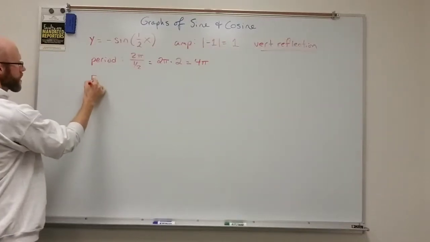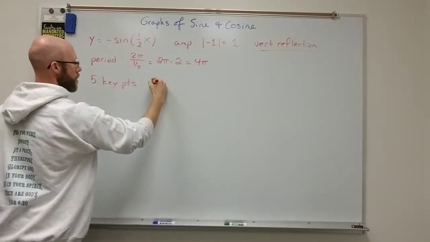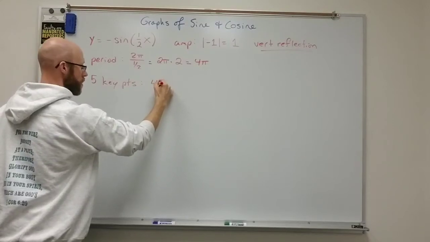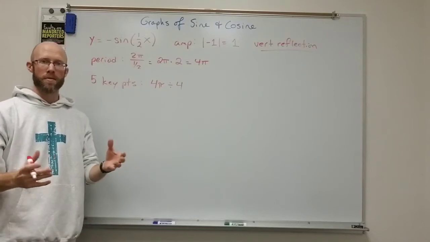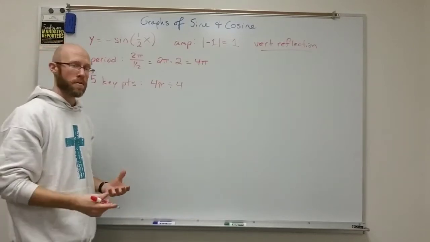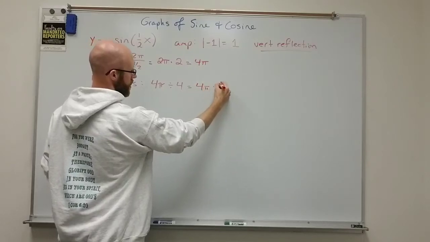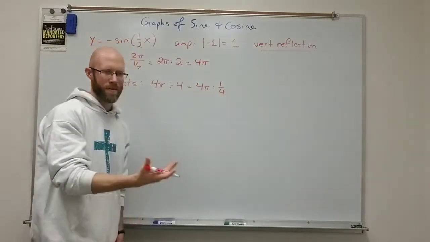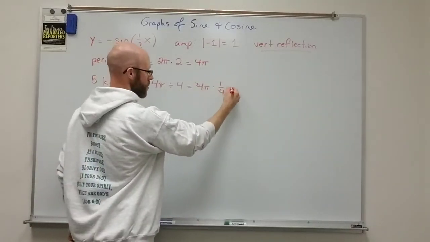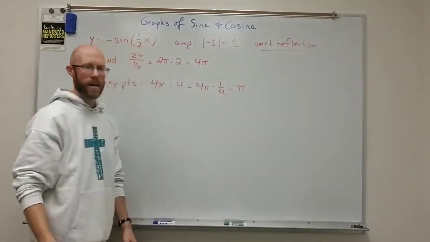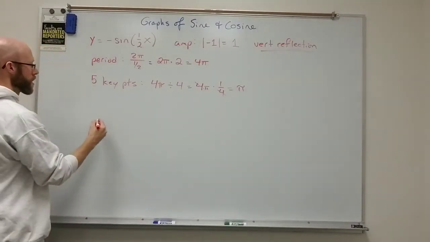which means my 5 key points are found by taking my period and dividing it by 4. Remember, take your period divided by 4. So 4 pi times a quarter. A quarter, not 1/2. The 4's cancel, and you're left with pi as your interval to find the 5 key points.